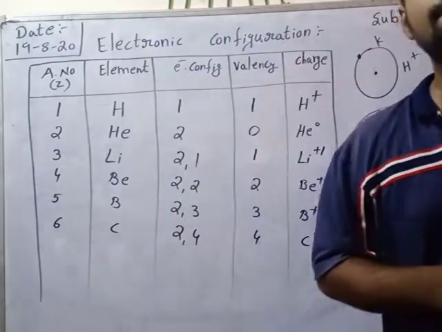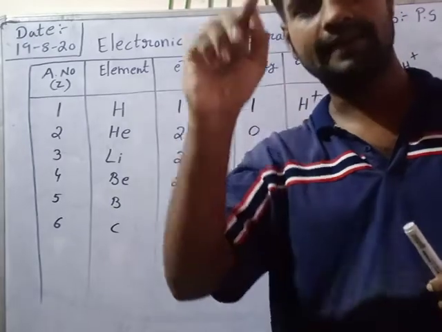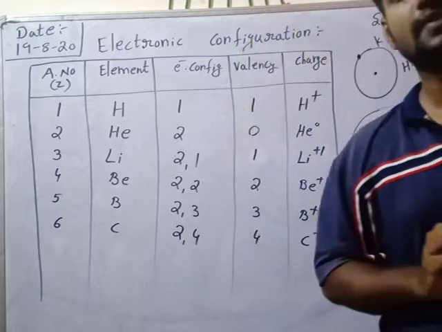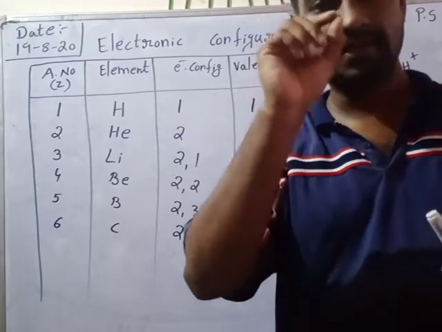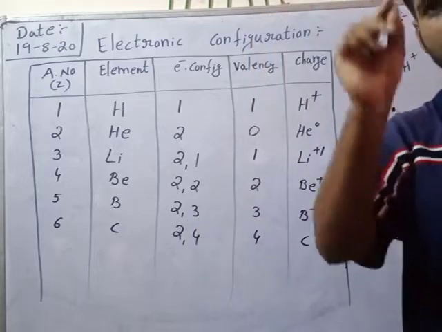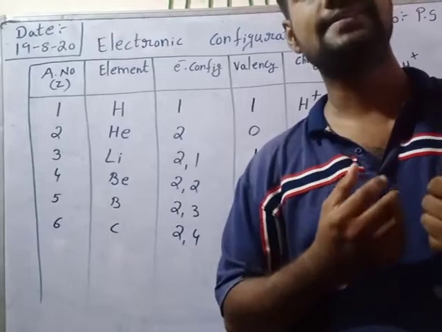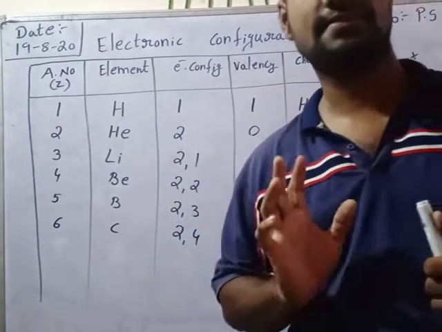If the element gains 1 electron, that indicates minus 1. If it gains 2 electrons, minus 2. If it gains 3 electrons, minus 3 charge. So gaining indicates minus. Loss indicates plus.